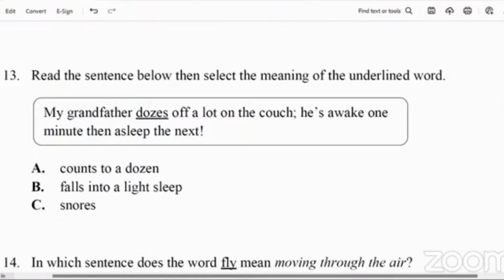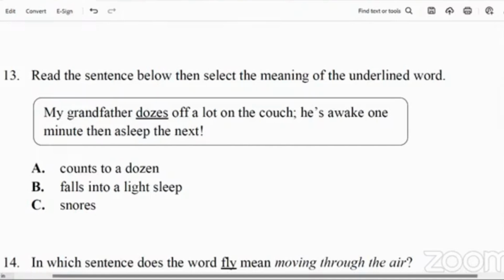Question 13, read the sentence below, then select the meaning of the underlined word. My grandfather dozes off a lot on the couch. He's awake 1 minute, then asleep the next. Okay, so we're going to see which option has the same meaning as dozes.